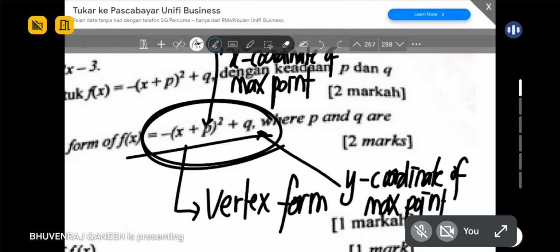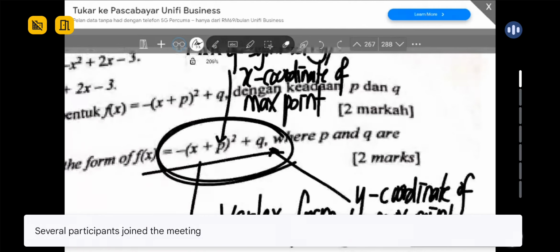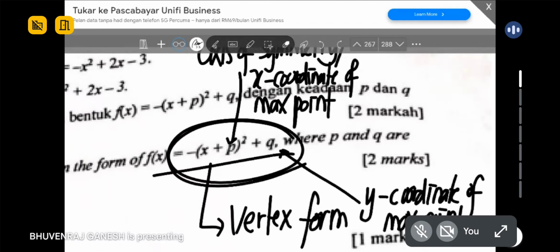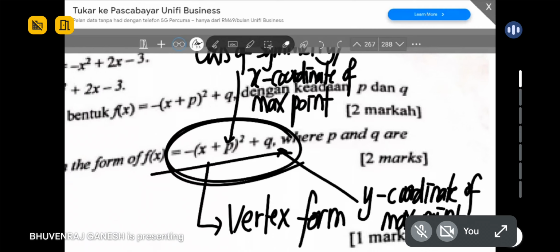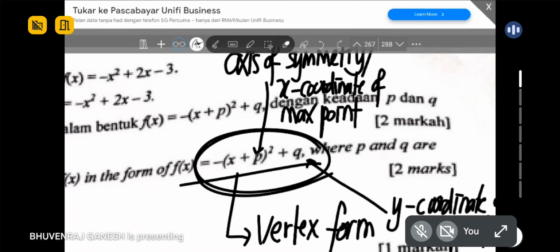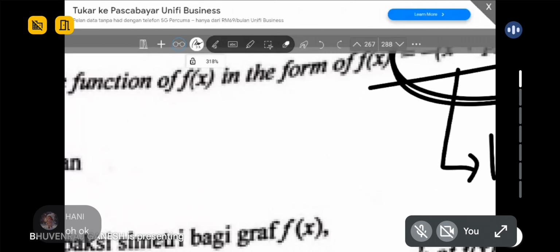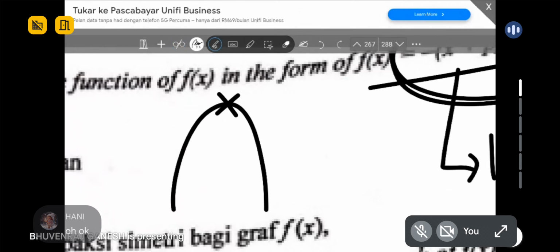Alright. So this is the concept. Okay. Guys, not y-intercept. Jangan salah faham, Q ni bukan pintasan y. It is y coordinate. Coordinate y saja. Bukan pintasan y. Faham tak? Okay, make sure you understand is the y coordinate of maximum point. So, example, let's say I draw a graph, right guys?